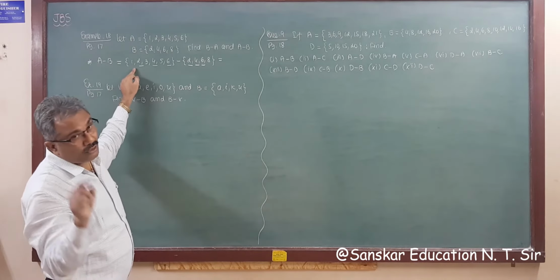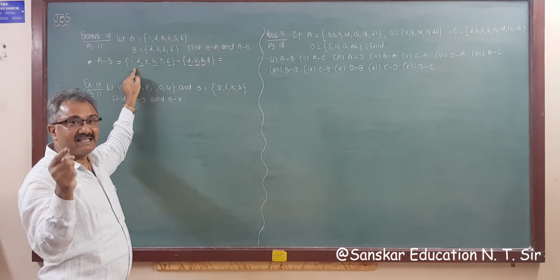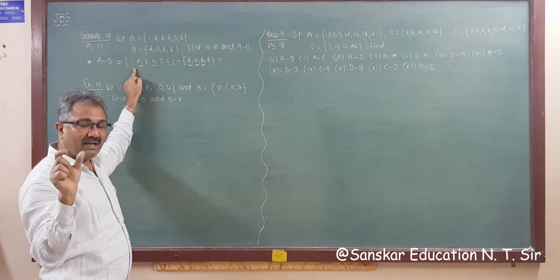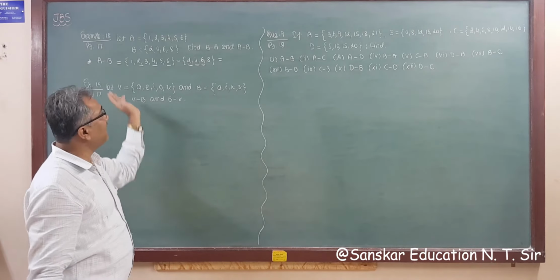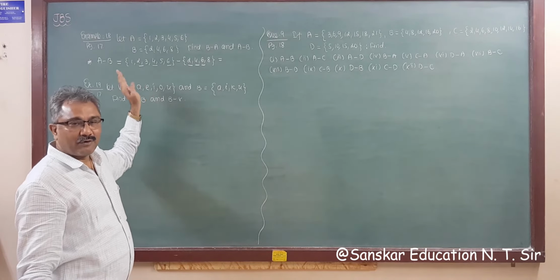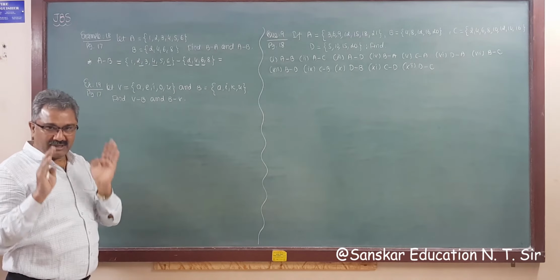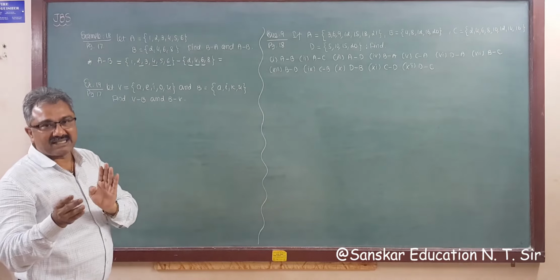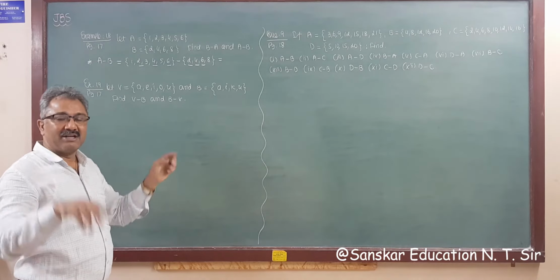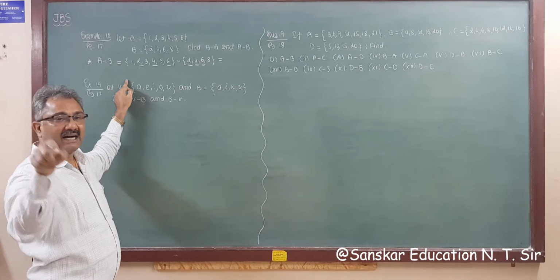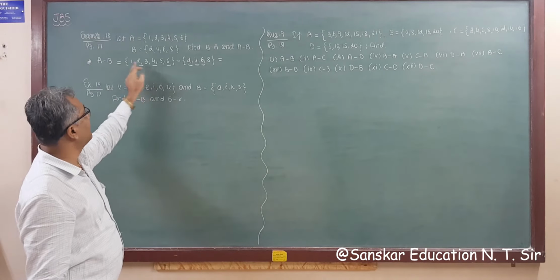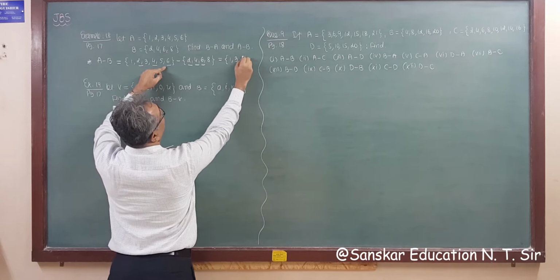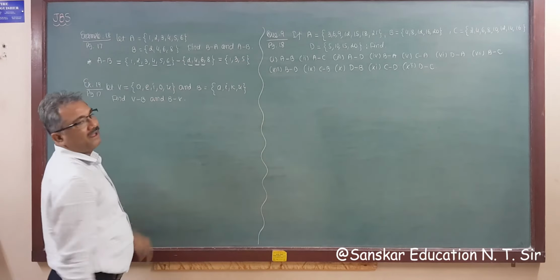So it is the set of all elements of A which are not in B. From A you have to neglect the common elements, and the remaining elements of the first set are your answer. So the remaining elements of the first set are 1, 3 and 5. So A minus B is 1, 3 and 5, right?